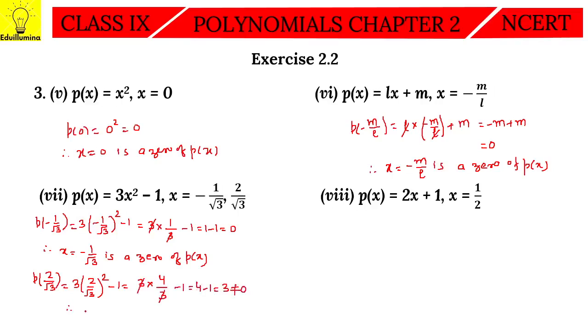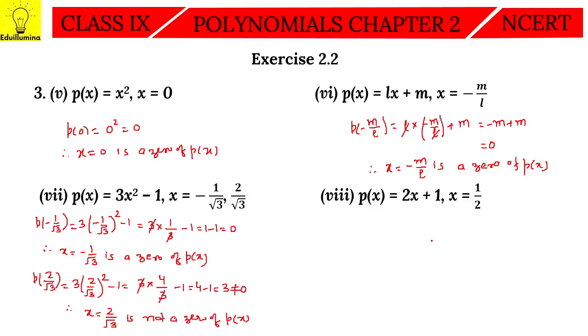So therefore x equal to 2 by root 3 is not a 0 of the given polynomial.